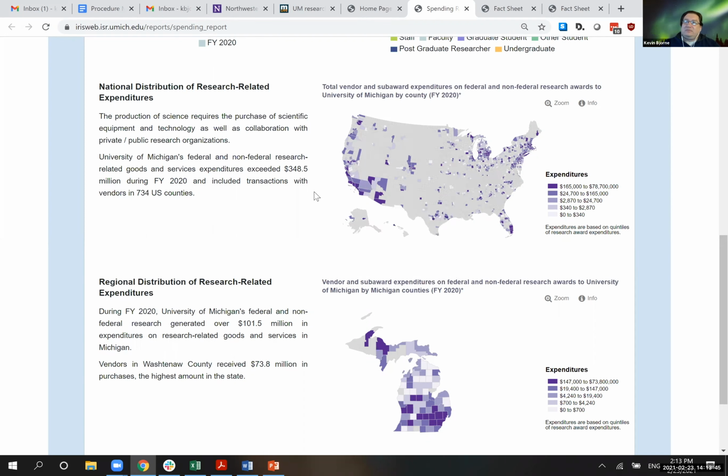Go ahead, Dan. Kevin, we have a couple of questions. Sure. One question is, given the link to the census data, do you have gender and race information for individuals paid by research awards? Right, so we actually have two data providers that provide these types of metrics. There is the Census Bureau, but we are limited in our ability to use that data because of disclosure rules.